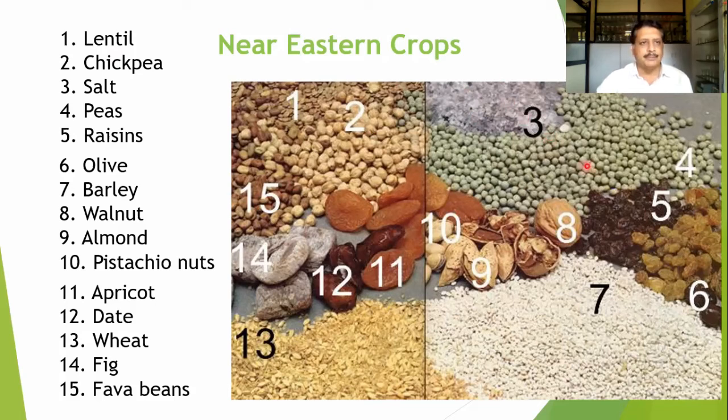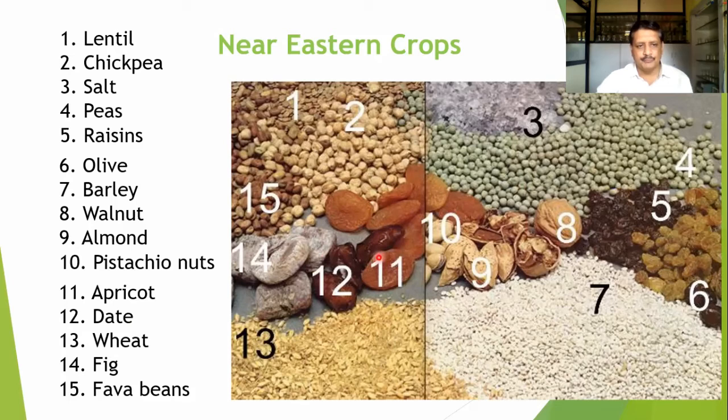Then fourth one is the peas. The fifth are the raisins. Then the olive, then barley, walnut, almonds, here you can observe that. Then pistachio nuts at number 10. Then apricots.